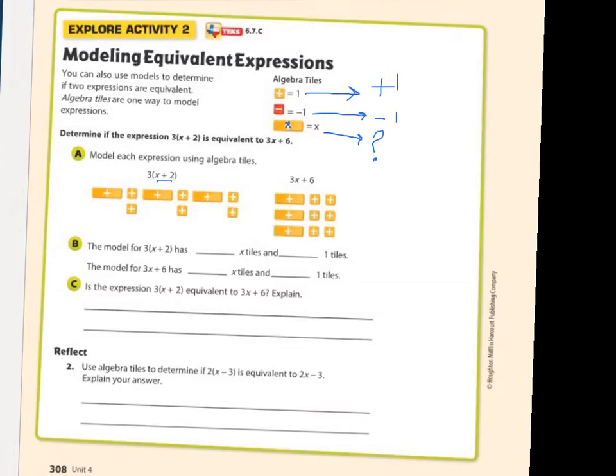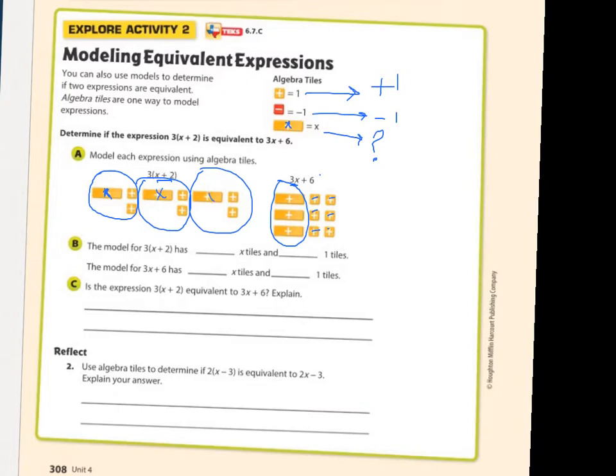And there are 3 groups of those. Here's x. Remember I said those should be x's. There's one group of it, another group, and another group. Here we have 3 x's plus 6. 1, 2, 3, 4, 5, 6. The model for 3 times x plus 2 has how many x tiles?